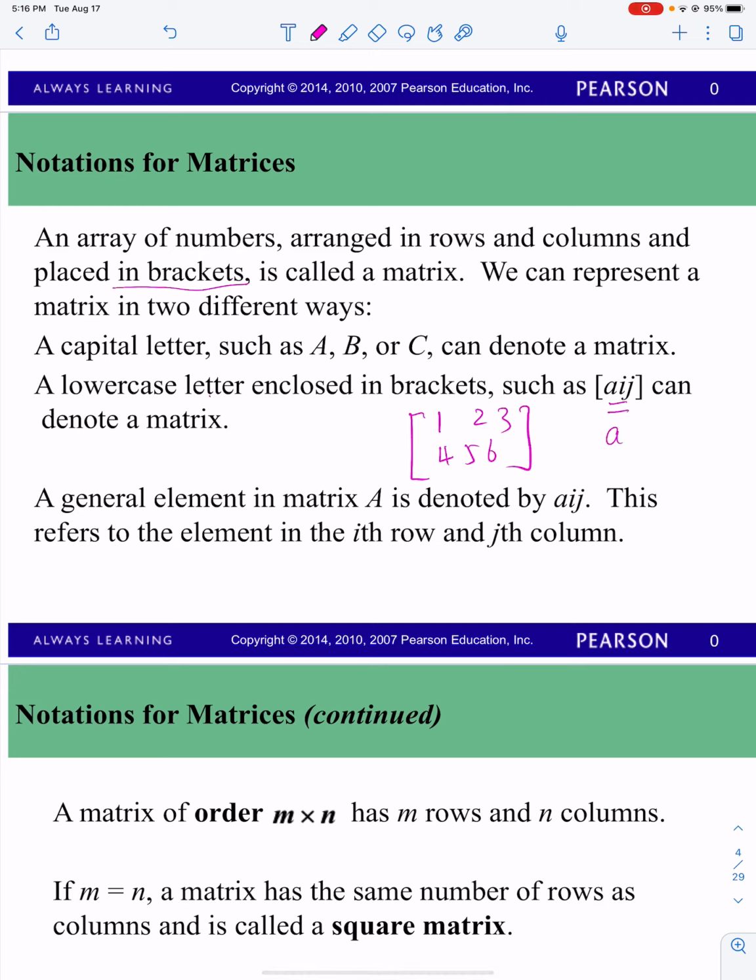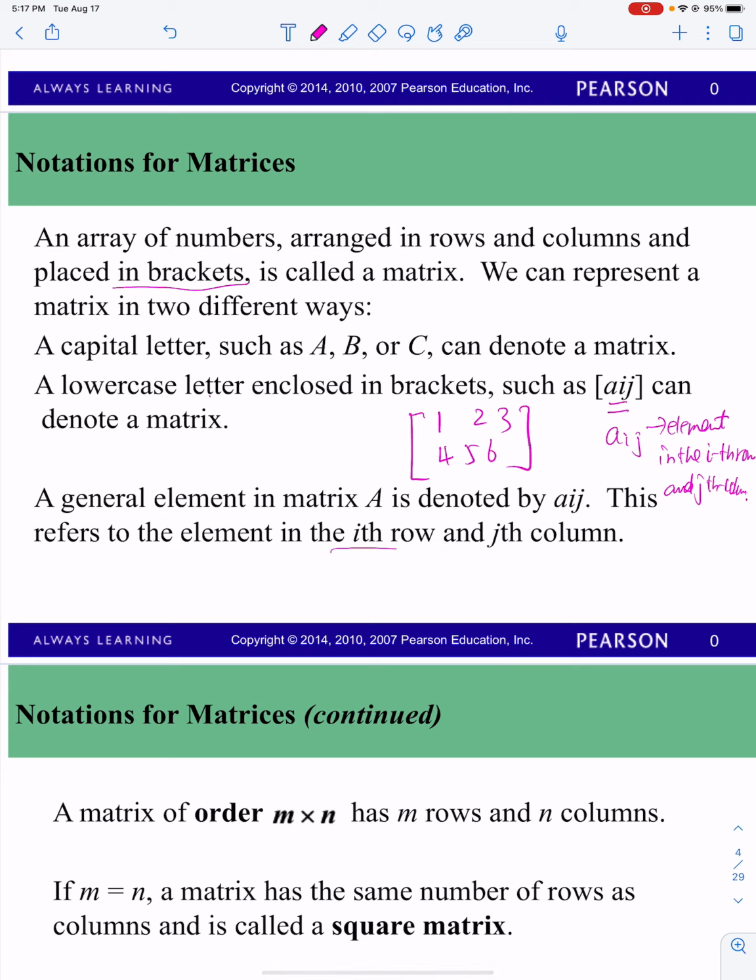And what does aij mean? This means the element in the ith row and jth column.